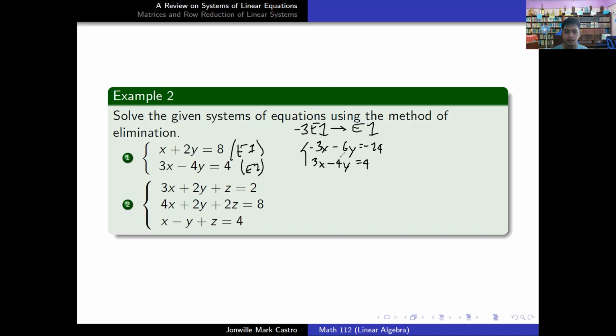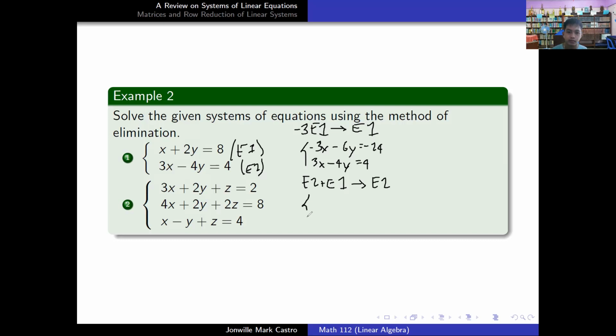Next, i-add natin yung dalawa. Then, yung result natin, ilalagay natin siya kay E2. So, we add E2 and E1. Then, we put the result in E2. Actually, kahit saan.